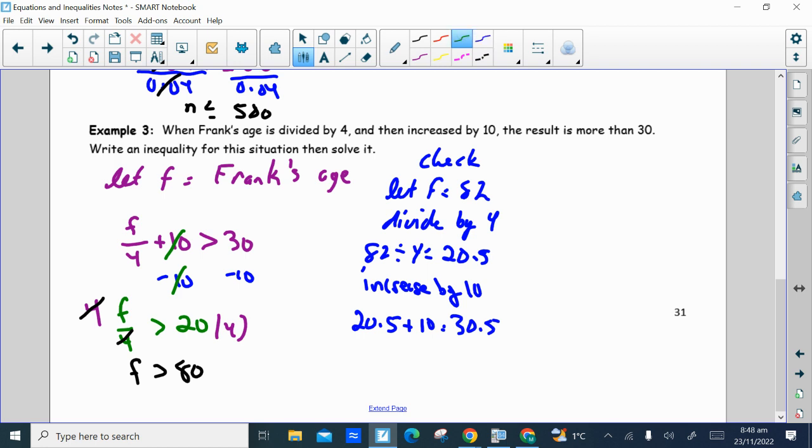If we use a number less than 80, so here's another check. Let's let f equal 78, a number less than 80. So if we divide by 4, that's 78 divided by 4.